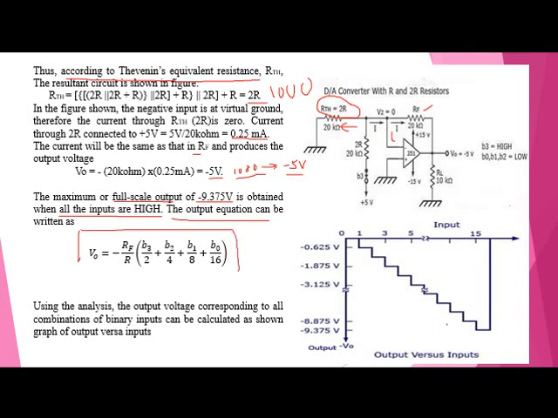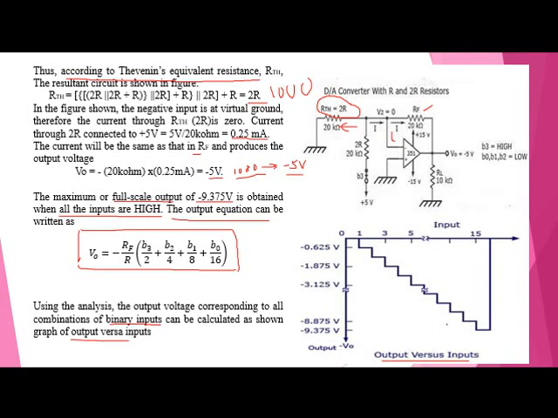From this output equation, the output voltage corresponding to all the combinations of binary input can be calculated, as shown in this graph. That is the output versus input. On the x-axis we have the binary input in terms of decimal, 0, 1, 3, 5 up to 15, and on the y-axis we have the output of the digital to analog converter, from 0 to minus 9.375.